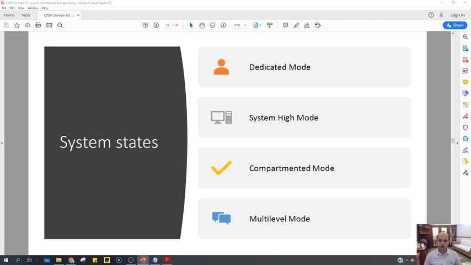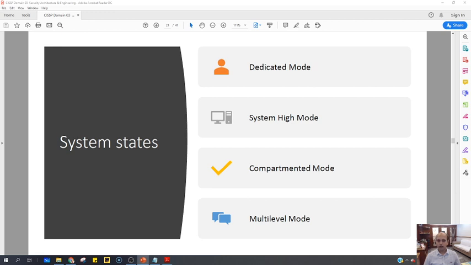In dedicated mode, it is a single state system. The system has only a single state. The user must have clearance that permits access to all data processed by the system. Also, access approval for all data is required, and the user must have a valid need to know for all the data in dedicated mode.